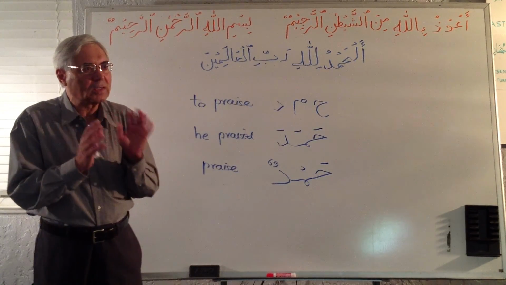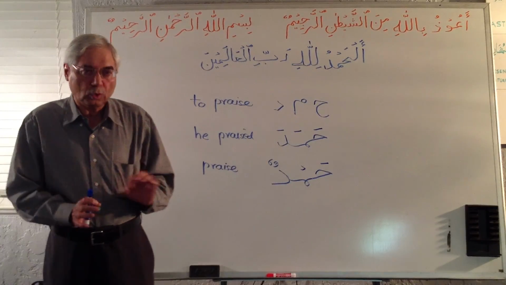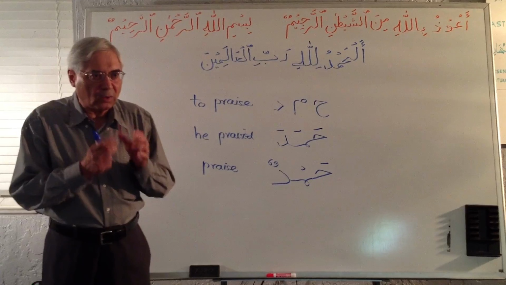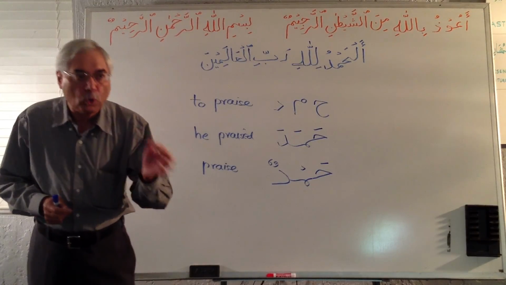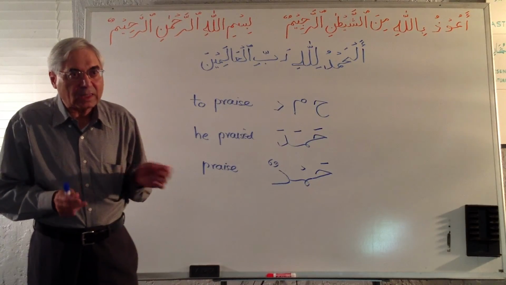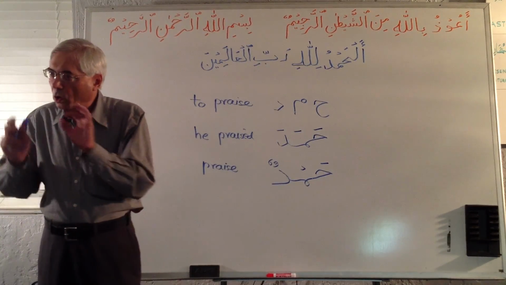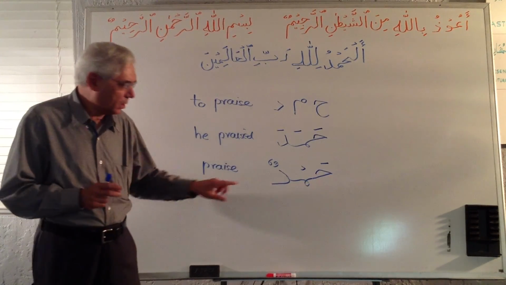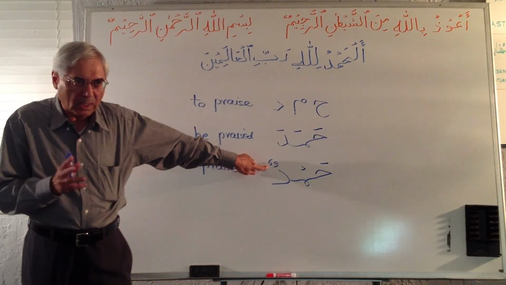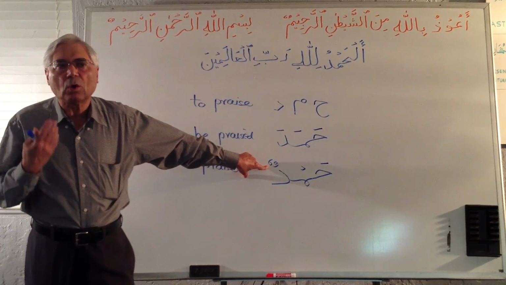The actual word is hamdun. All the nouns are like that. Fa'alun, kitabun. It's not kitab. Kitab is not a word. Kitabun. All the nouns end with these two peshes or two dhammas, which give you the sound of noon at the end.